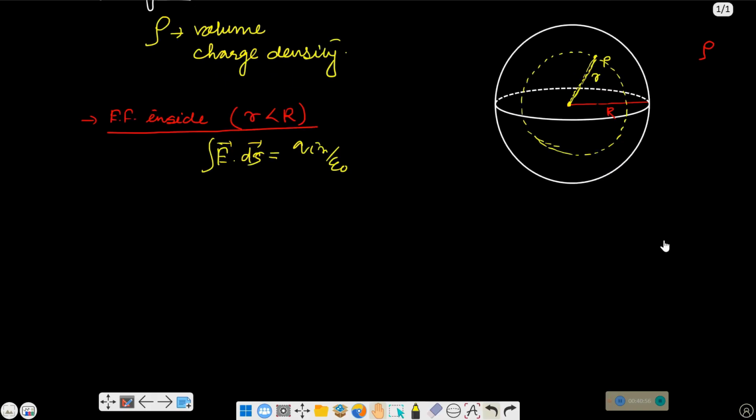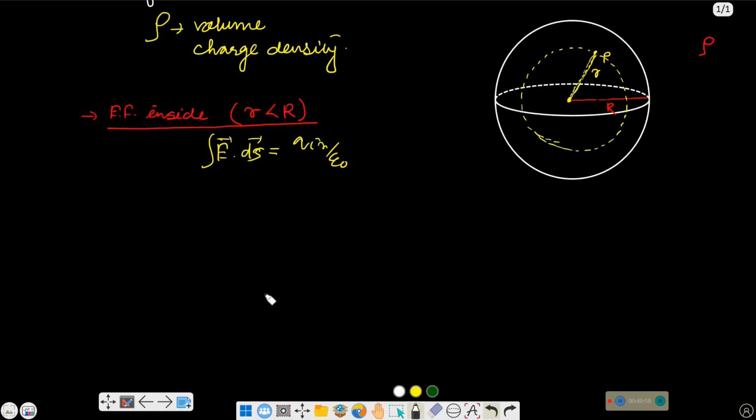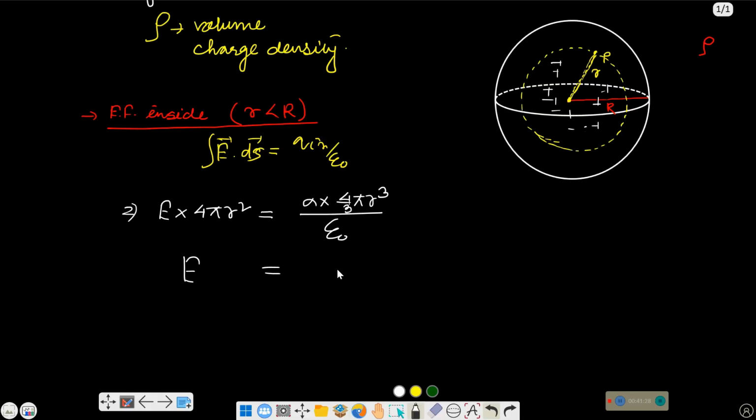Since charge is distributed over the volume, we can write the electric field as E and ds is 4 pi r square. Now q in will be equal to rho into 4 by 3 pi r cube, because that is the charge enclosed within this Gaussian surface, by epsilon naught. So the electric field will be given by rho into 4 by 3 pi r cube divided by 4 pi r square epsilon naught.